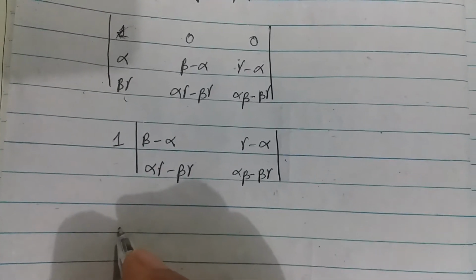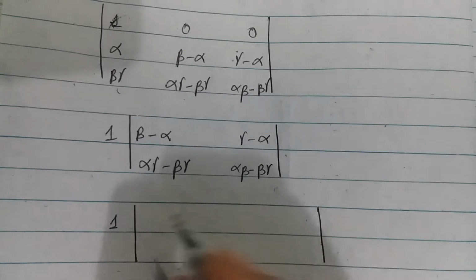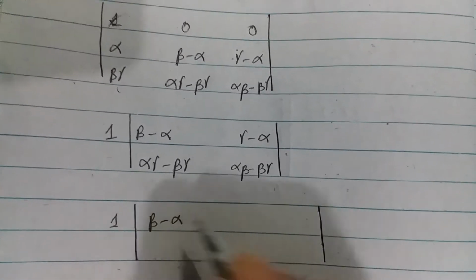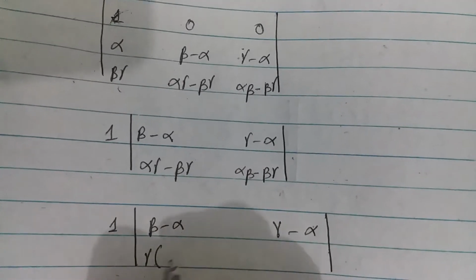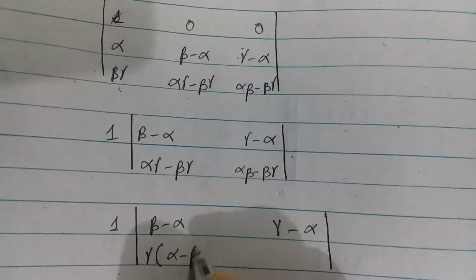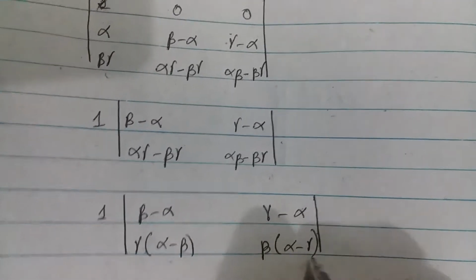Students, now we can do one thing here. Again I am copying down this one, beta minus alpha and gamma minus alpha as it is. Take common gamma, then we have got alpha minus beta. Take common beta, then we have got alpha minus gamma.